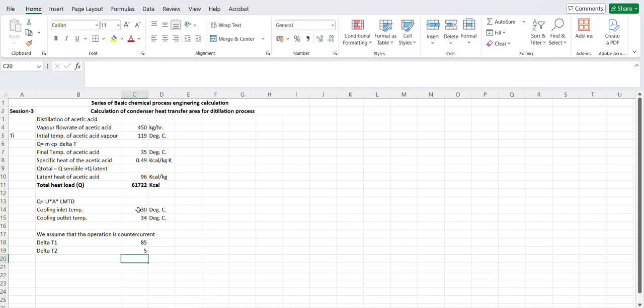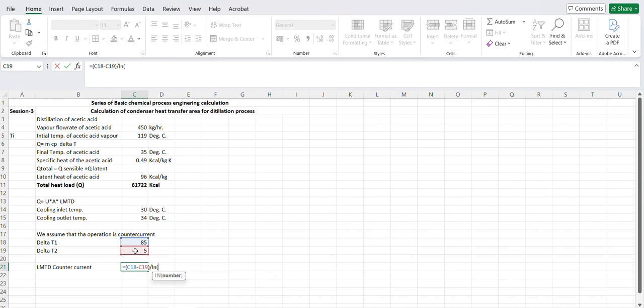So in counter current, LMTD is equal to delta T1 minus delta T2 divided by ln of delta T1 by delta T2.